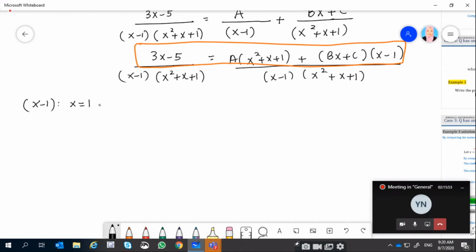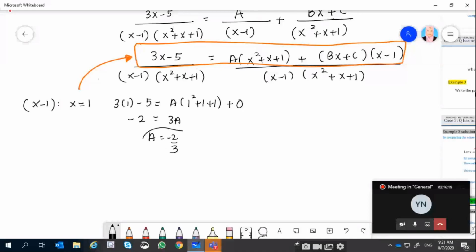So substitute s equals 1 into the numerator part. You will have 3 times 1 minus 5 equals a times (1 squared plus 1 plus 1) plus 0. So 3a equals negative 2, and a equals negative 2 divided by 3.